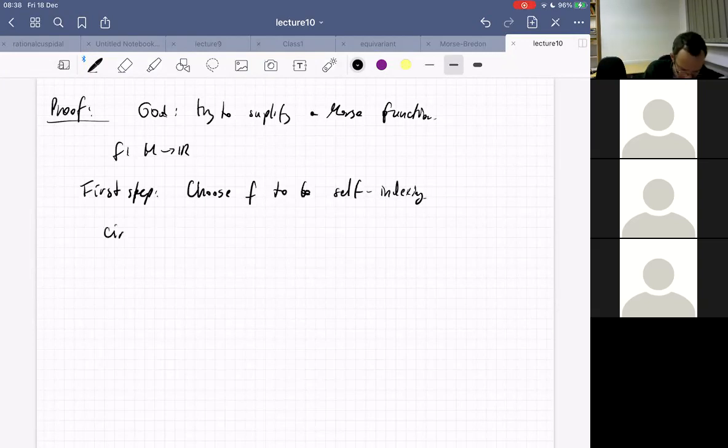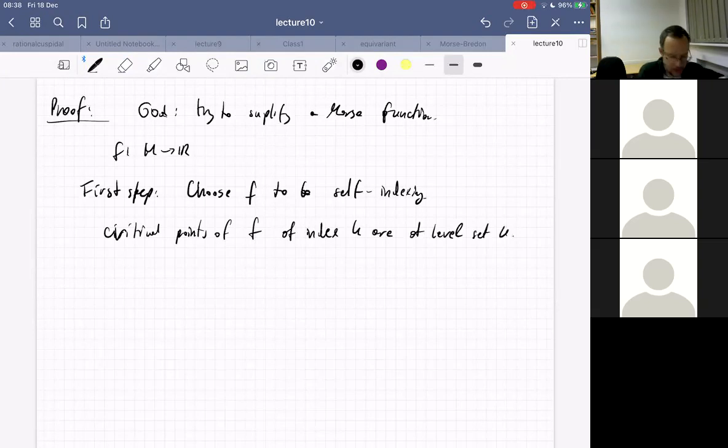That is, critical points of f of index k are at level set k, or level set f inverse of k. So this is the first step, and this is what we already did, so this is checked.